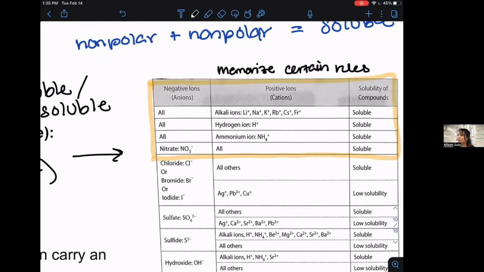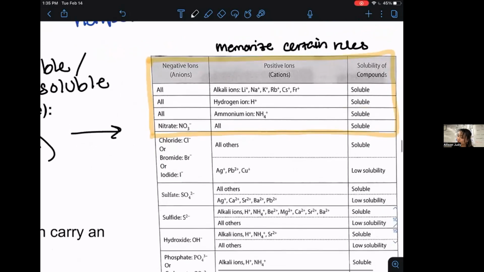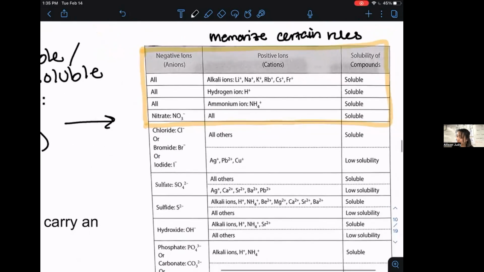Okay. But if you go down, what you see is that, for example, sulfate, only some things are completely soluble, but other things will actually stay as a solid. If you dropped a sulfate compound in there, a salt, a lattice structure like copper(II) sulfate, it probably wouldn't dissolve very much.